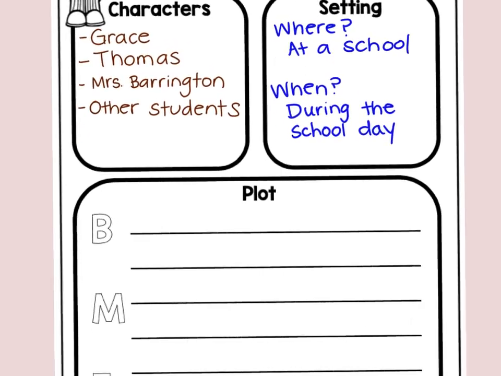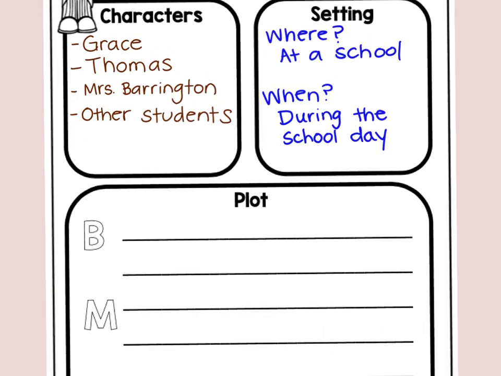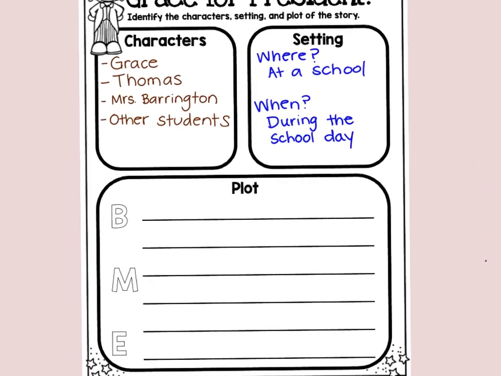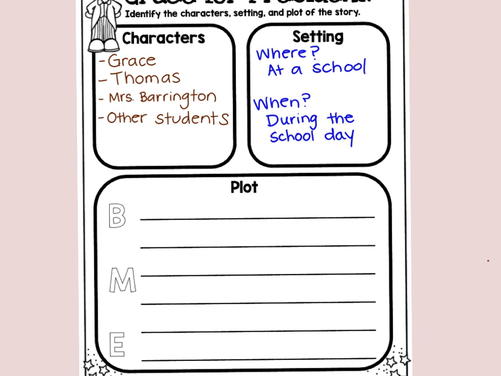Next, let's look at the plot. So what happened during this, the sequence of events? Remember that the B stands for beginning, the M stands for the middle, and the E stands for the end. So what happened in the beginning?